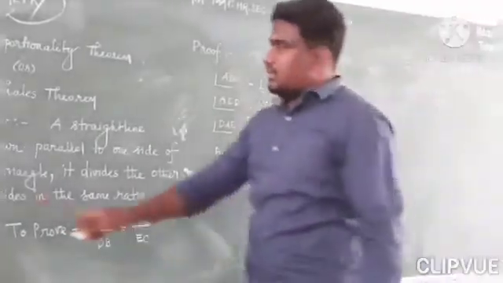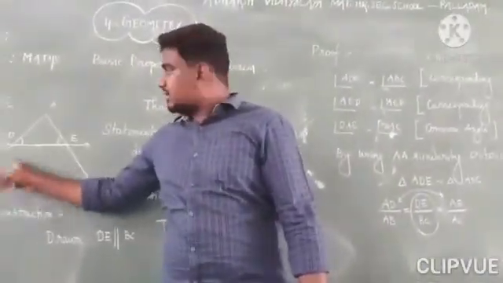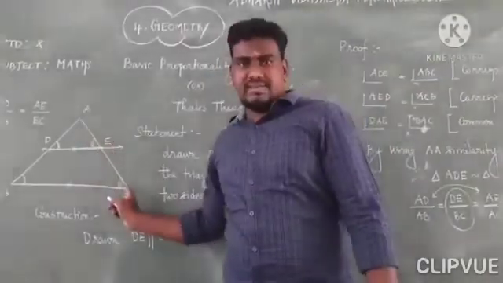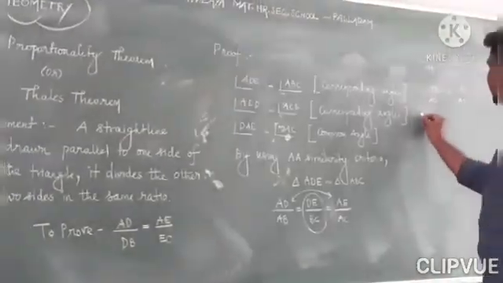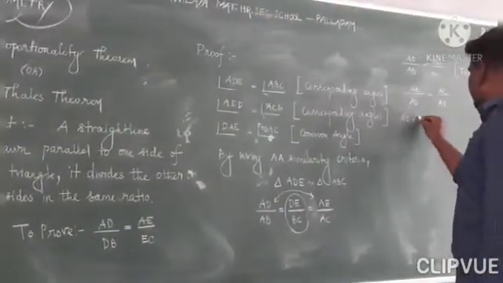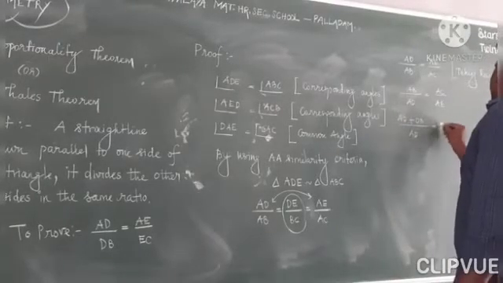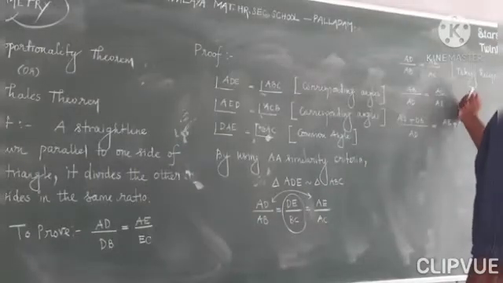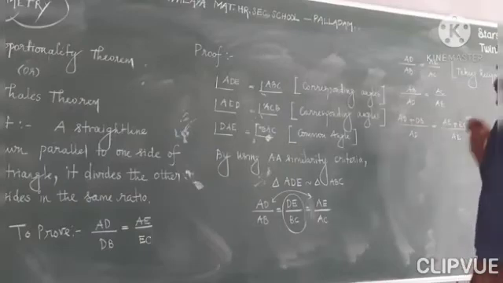What is AB? This AB can be written as AD plus DB, and AC equal to AE plus EC. So instead of this AB, I am going to write AD plus DB by AD is equal to AE plus EC divided by AE.